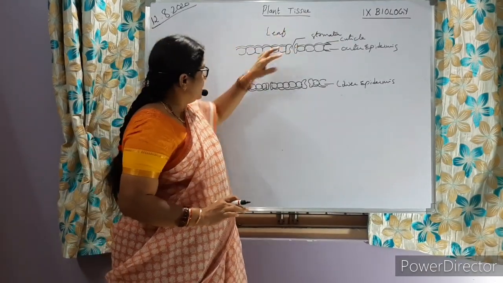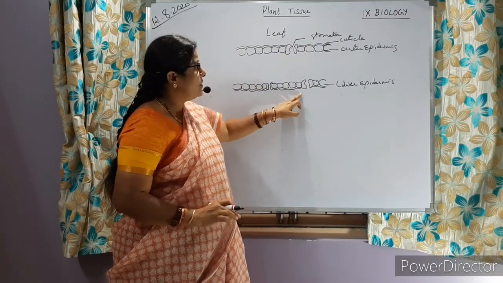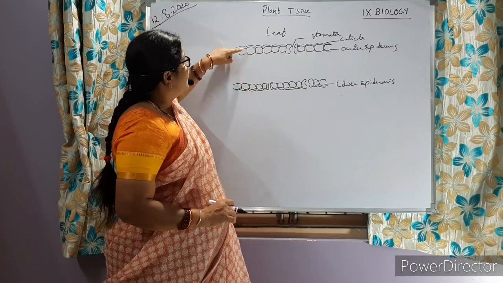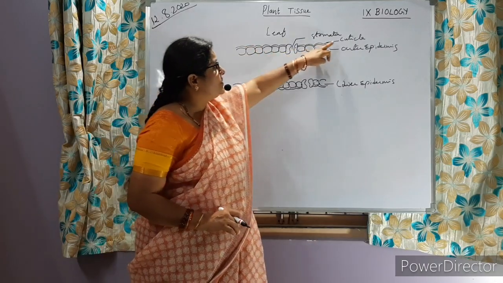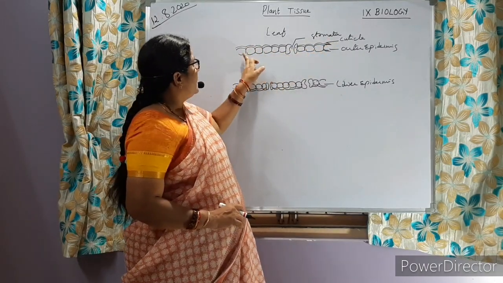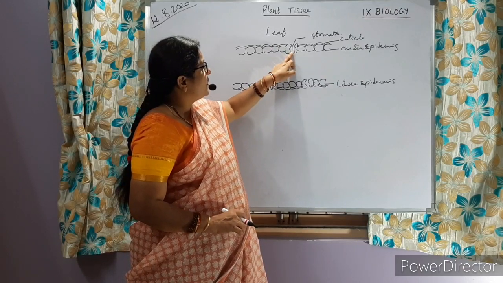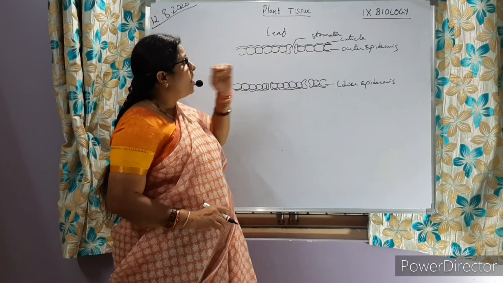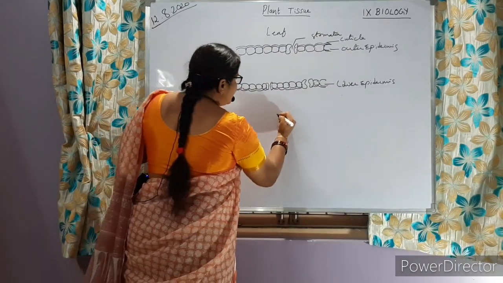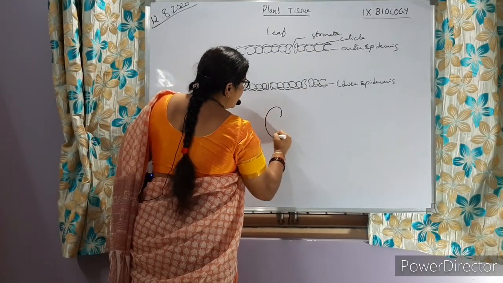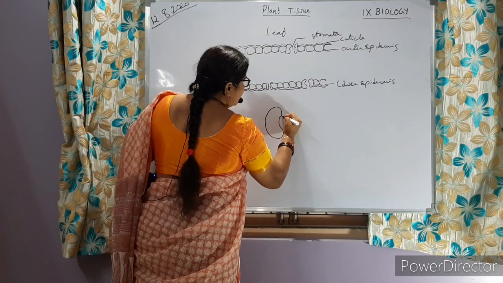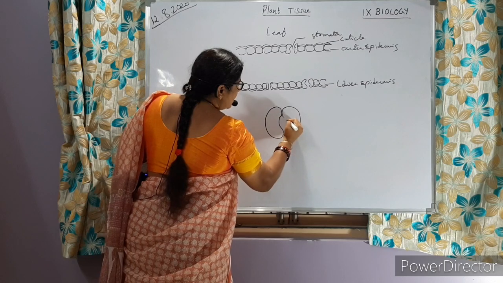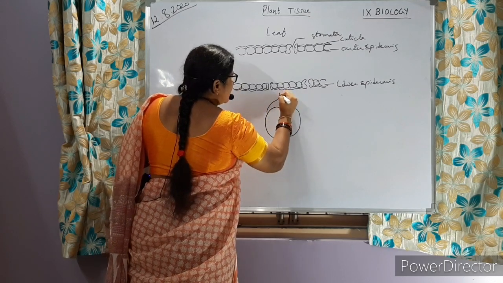On the upper side and lower side we are observing the dermal tissue, and it forms a thick layer which we call cuticle, and in that single epidermal layer we are going to observe the openings called stomata. These stomata are guarded by bean-shaped guard cells.